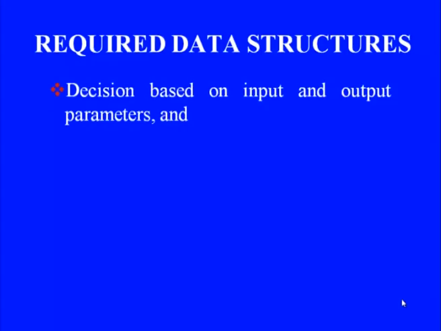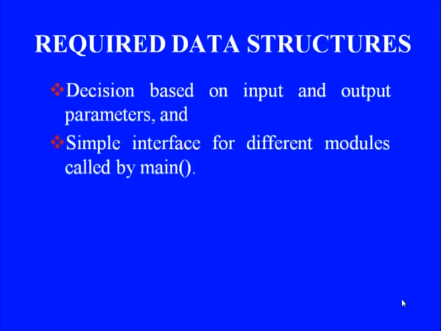And then we said, okay, let's come up with the required data structures, and our decision was based on the input output parameters we require and the simplicity of the interface between different modules. So we decided upon a few data structures.